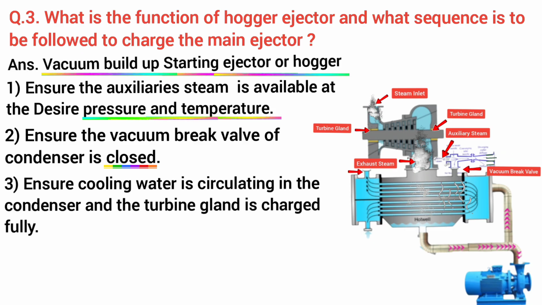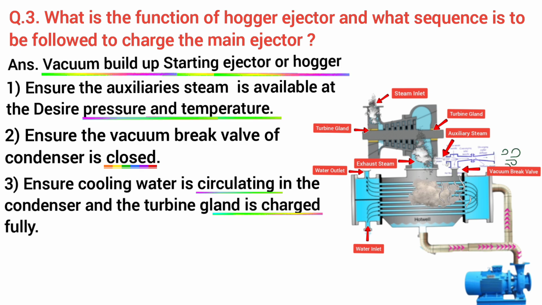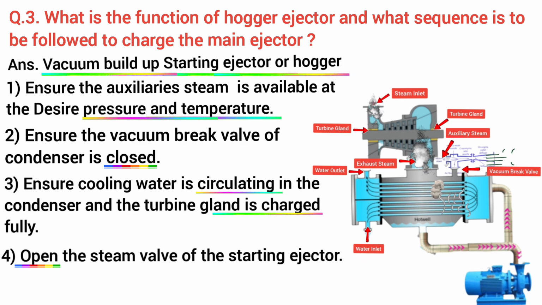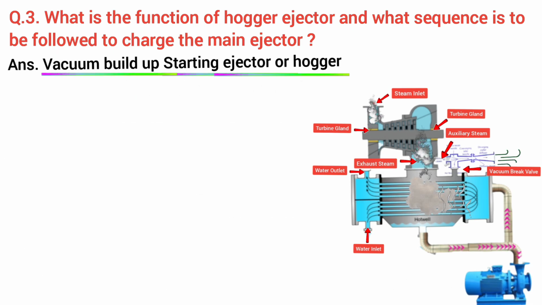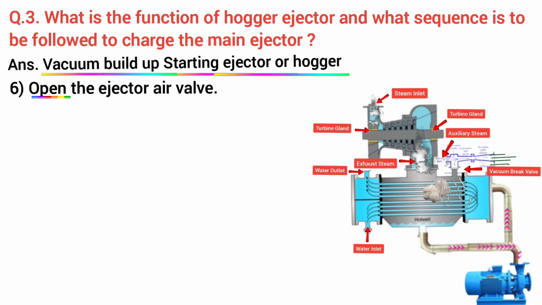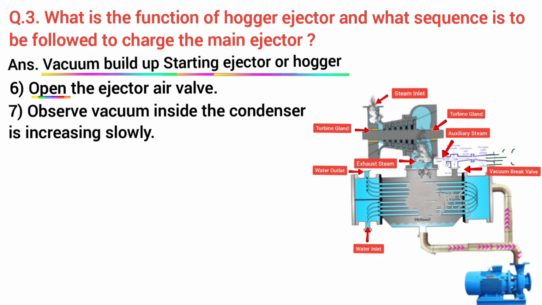Ensure cooling water is circulating in the condenser and the turbine gland is charged fully. 4. Open the steam valve of the starting ejector. 5. Observe the steam is vented to the atmosphere. 6. Open the ejector air valve. 7. Observe vacuum inside the condenser is increasing slowly.